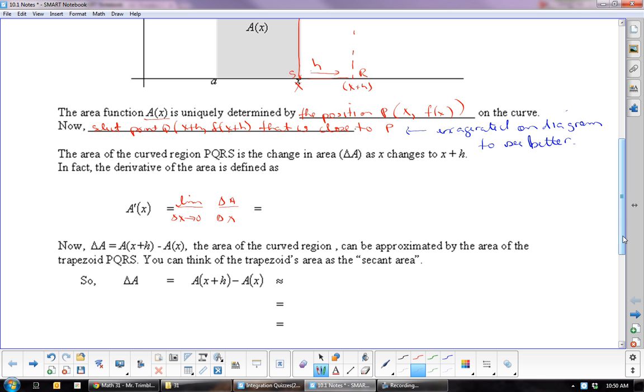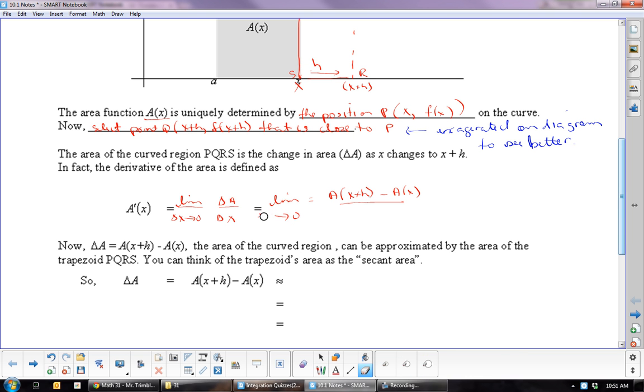And how do we find delta A? So that's the same thing as the limit as delta x goes to 0 of, so delta A is A of x plus h minus A of x, all over. And we can call, oh, so I'm going to change this.